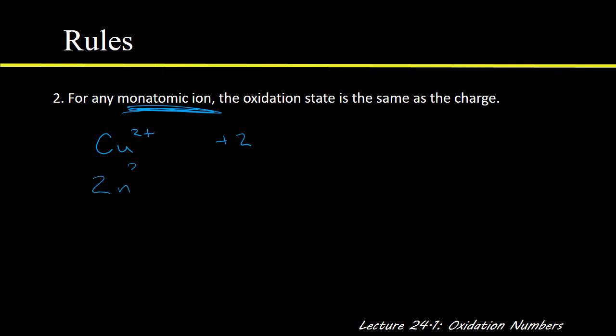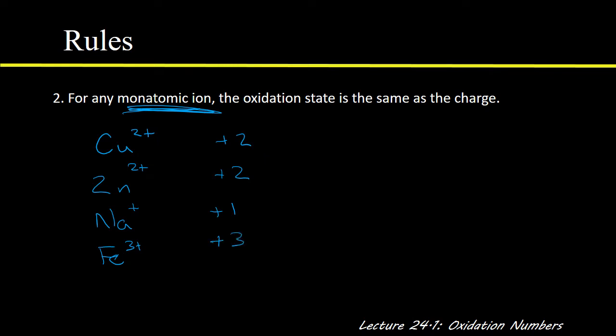We had zinc 2+, its oxidation number is +2. We often have sodium with a positive charge, that would be +1. Iron can exist as a +3 ion. So of course that would be +3.